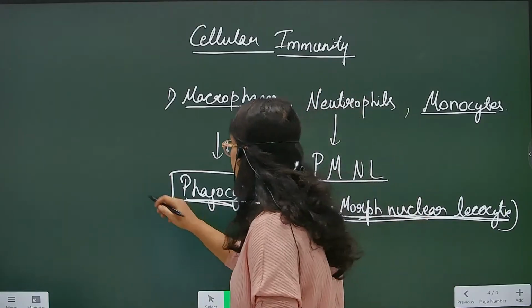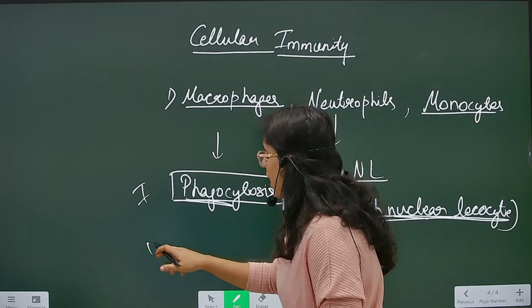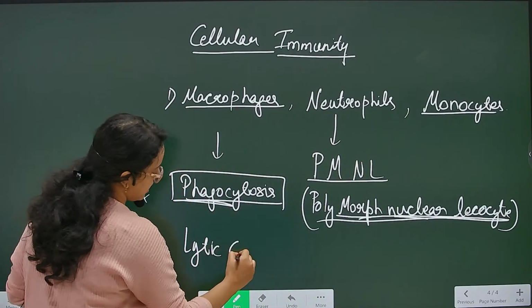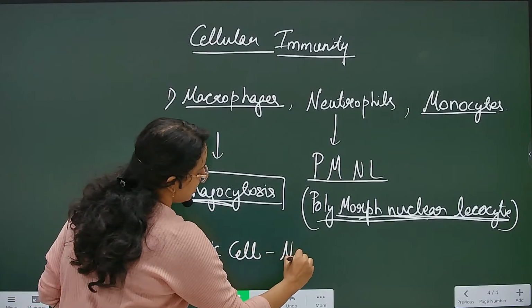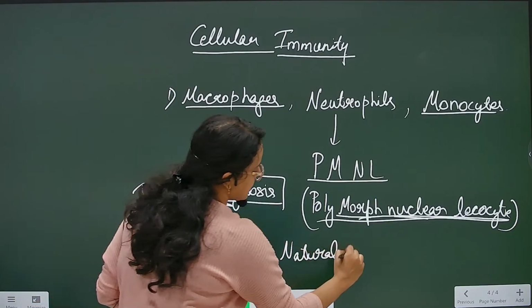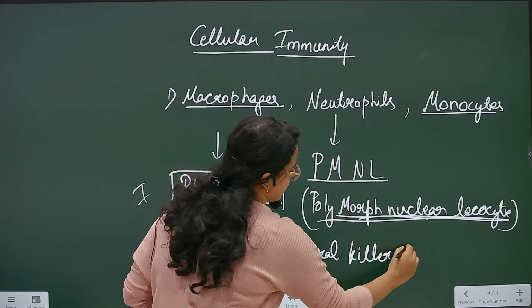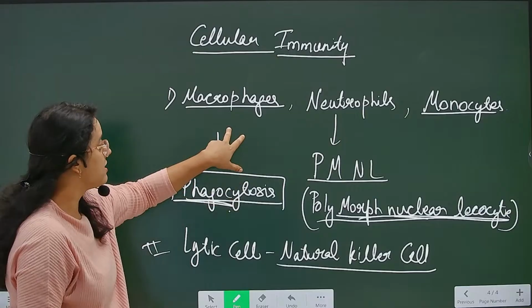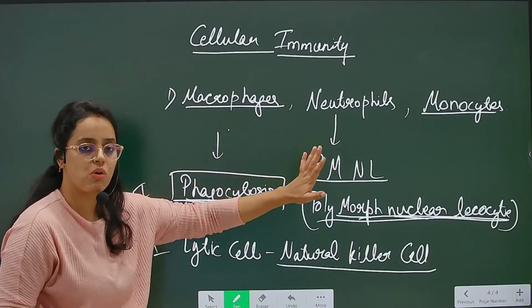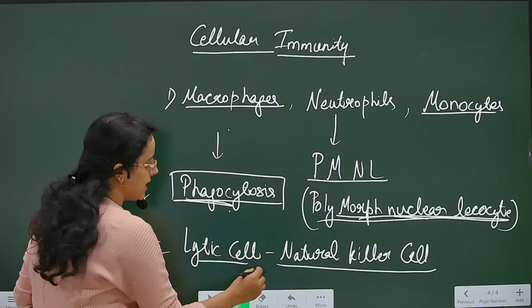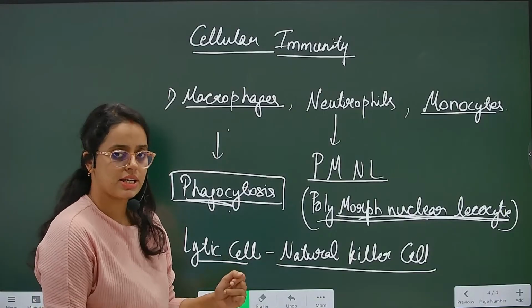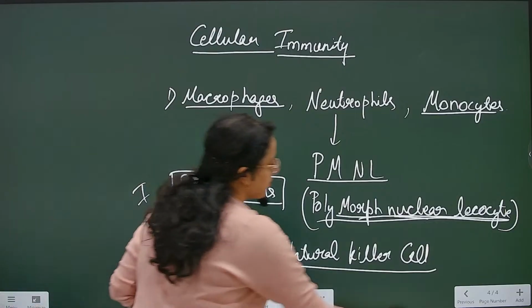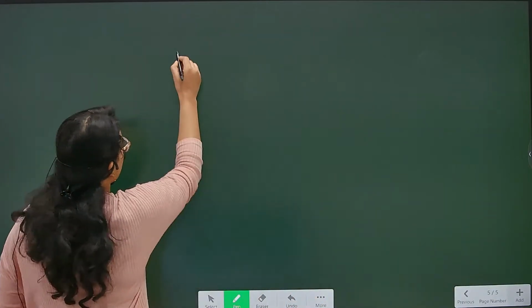There is another type of cell, a lytic cell, that is the natural killer cell, NK cell. We will learn the function of the phagocytic cells, that is macrophages, neutrophils and monocytes, what they do, and we will also learn about the lytic cells, the natural killer cells. So these are cellular immunity. Now let us see how they kill.